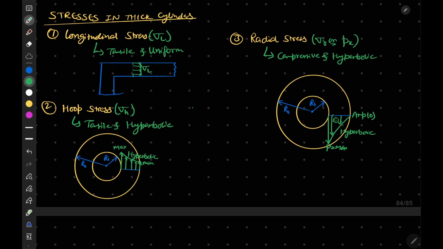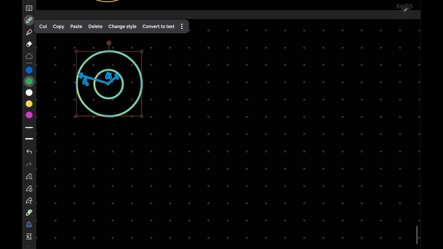Now if I want to calculate the stresses, let's start with the analysis of the thick cylinder.